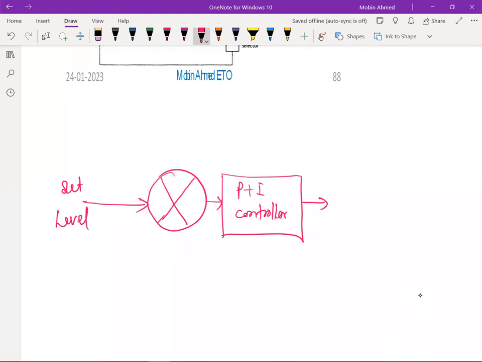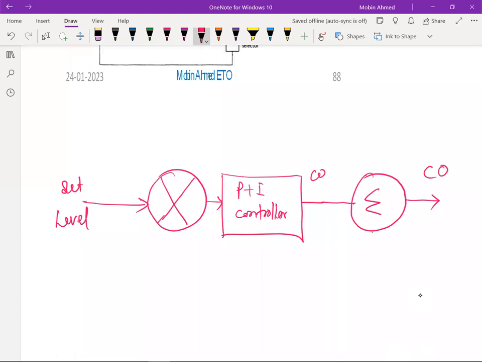This is going to give the control output, and it is going to give it to the summing network, and from here it is going to give the output. So this is the control output after this summer.